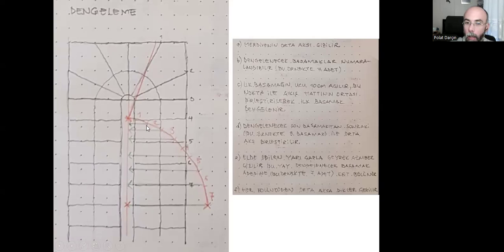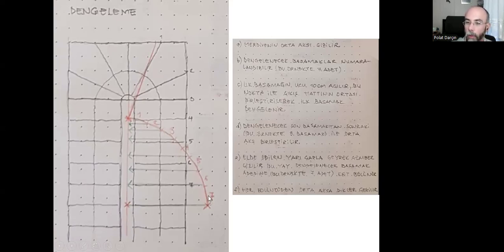Now, I have points here. I draw straight lines, perpendicular lines, starting from each point to the central line. Start from here and draw a straight line, perpendicular line to the central line here. Do them like that.